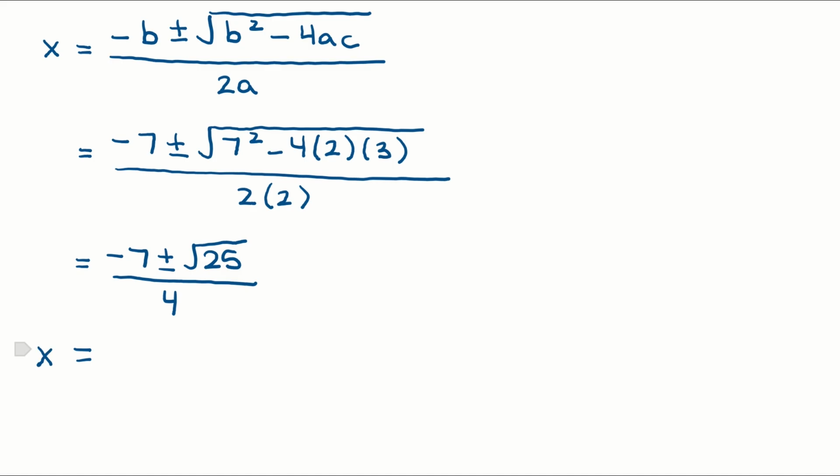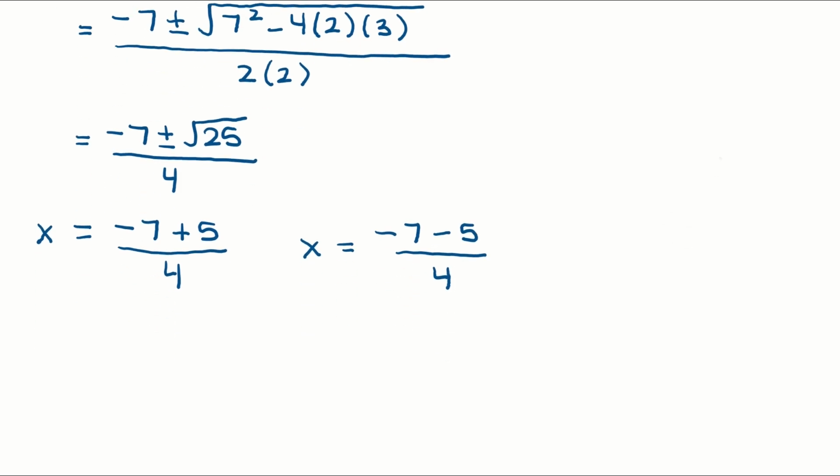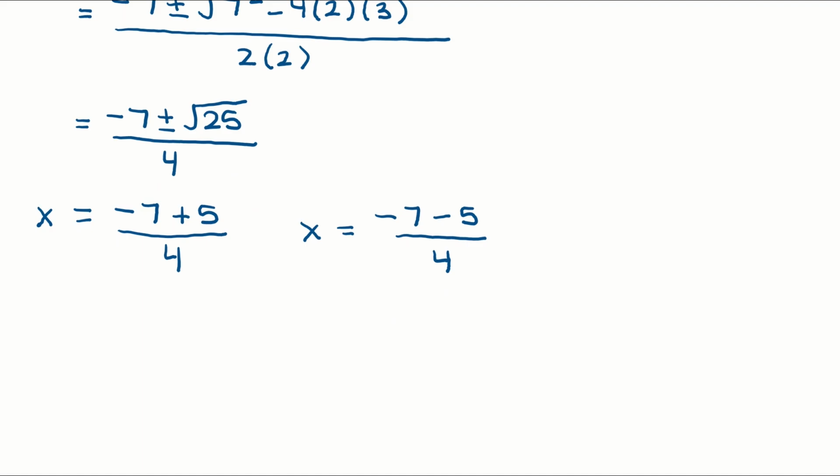So x is either equal to negative 7 plus 5 over 4, or x is equal to negative 7 minus 5 over 4. Simplifying this even further, negative 7 plus 5 is equal to negative 2.